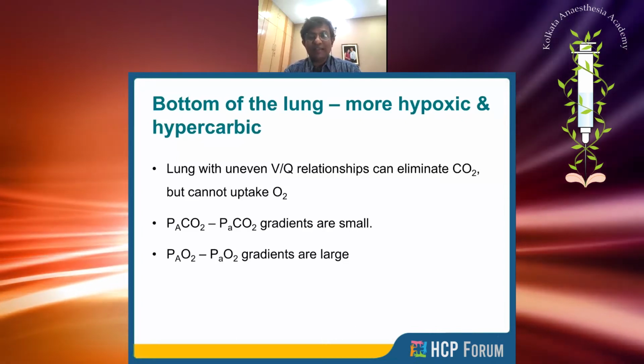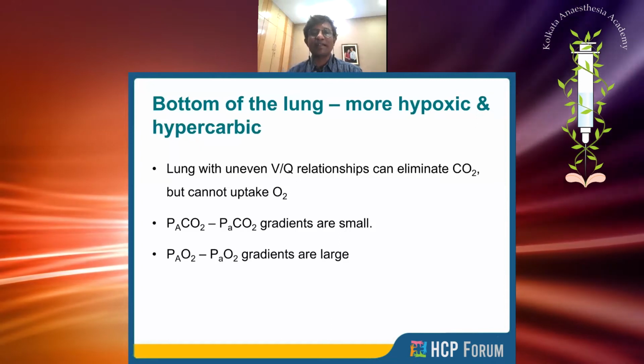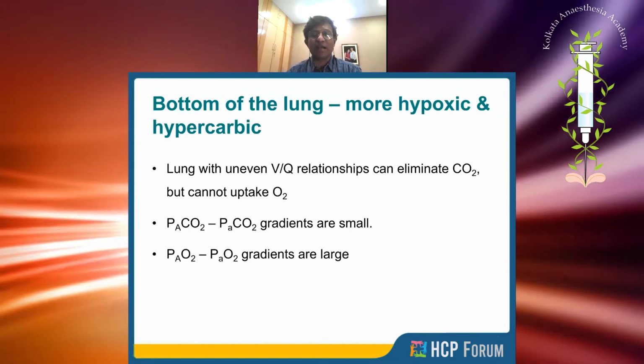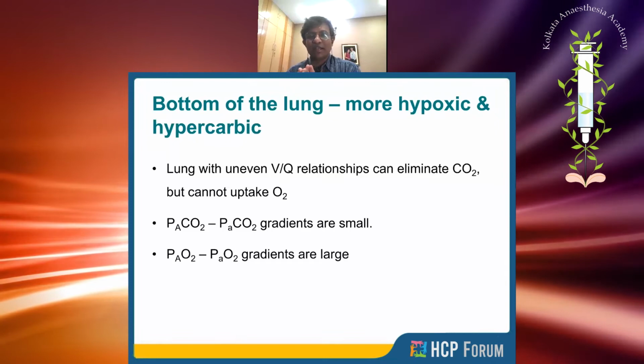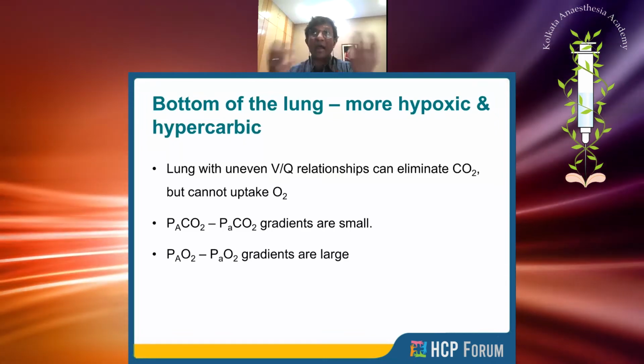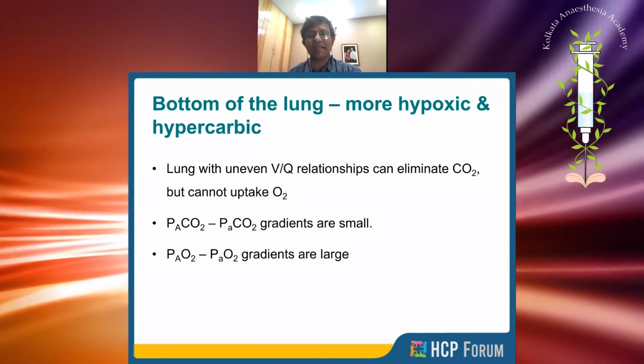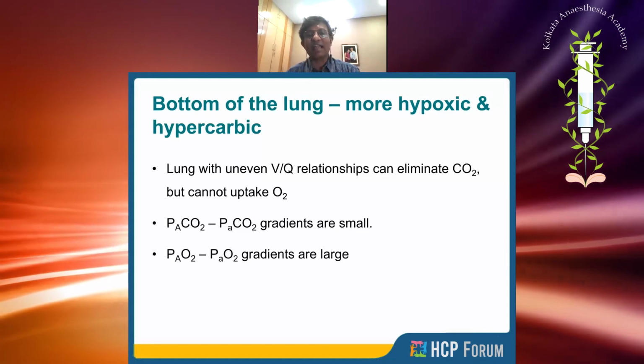So if you then correlate this, you'll find that the gradient between the alveolar carbon dioxide tension to the arterial carbon dioxide tension is smaller, because carbon dioxide elimination is more efficient, while since oxygen uptake is less efficient, there is a higher gradient.